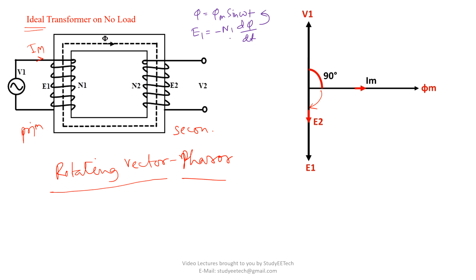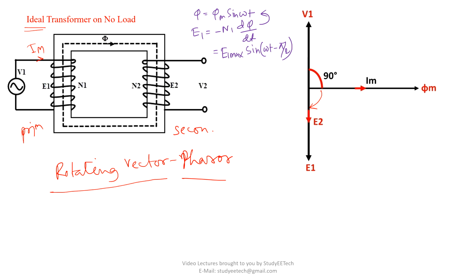Phi is this one. Taking the derivative of it, it will come to be E1 max sine (omega t minus pi by 2). If you can't do this derivation, it's very simple. Take the derivative of it, minus minus will get cancelled out, pi by 2 minus omega t will come. This is simple mathematics.